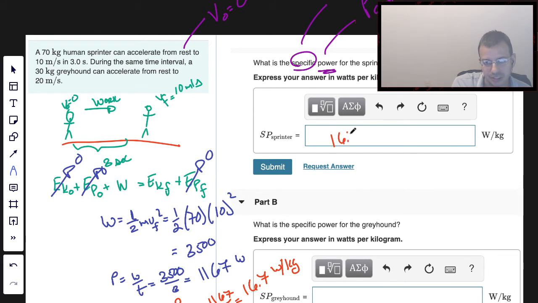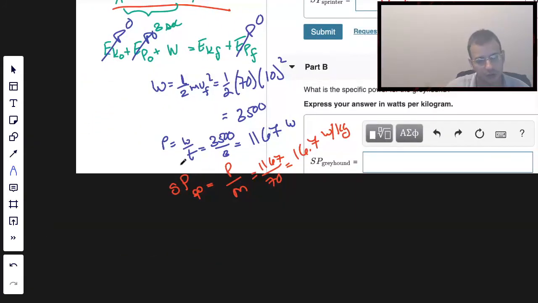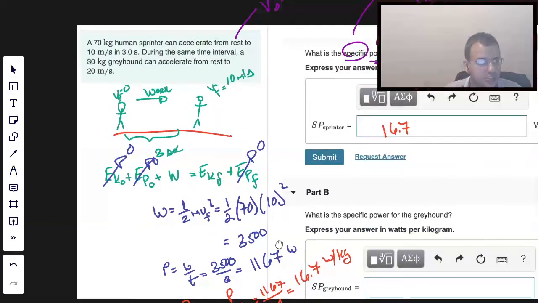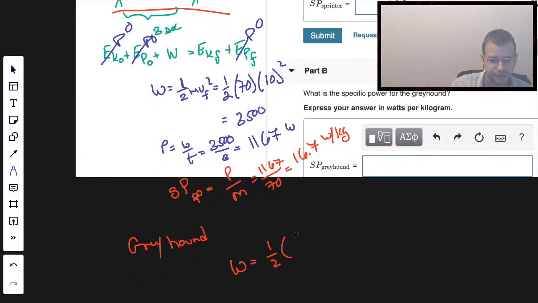So 16.7. Then we're going to do the same thing with the Greyhound. For the Greyhound, work is going to be 1/2 times the mass, which is 30.